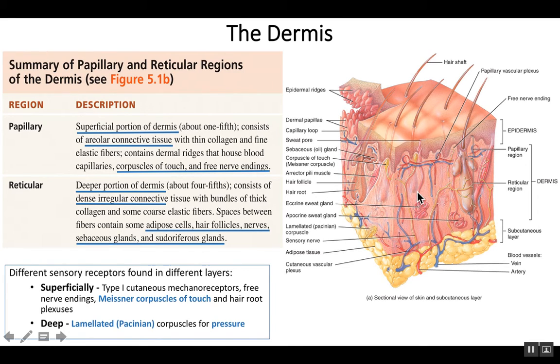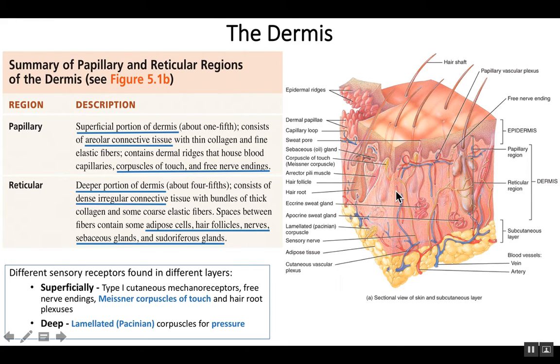The sweat ducts then will extend up through the papillary region, through the epidermis, in order to deliver that sweat through a pore onto the surface of the skin. Some sweat glands, as we're going to mention in a minute, will send their sweat into the hair follicle, and the sweat kind of goes up with the hair.